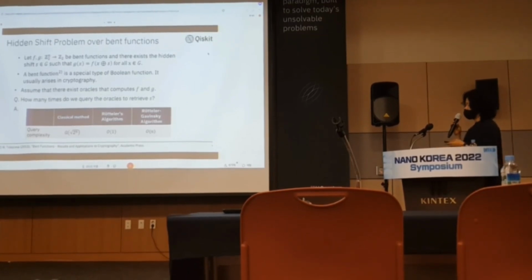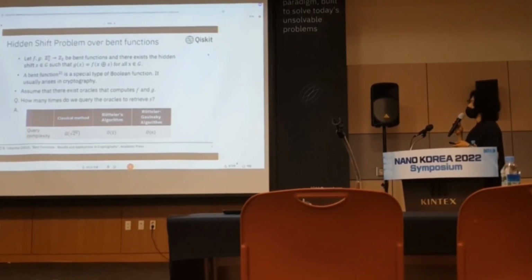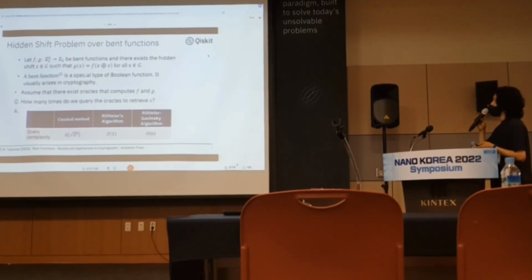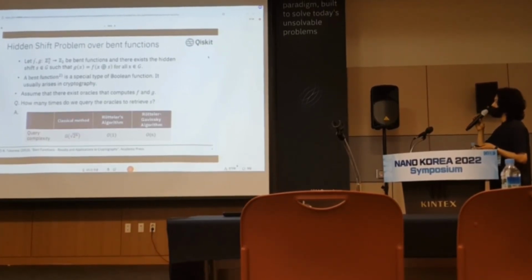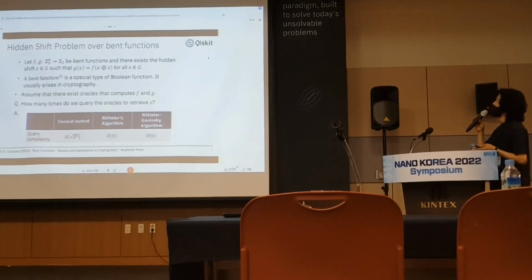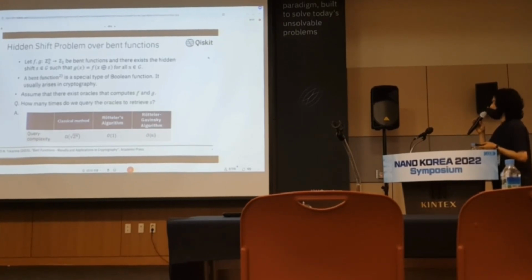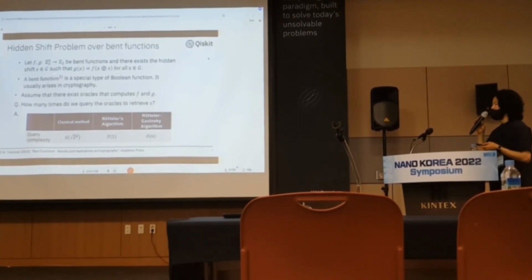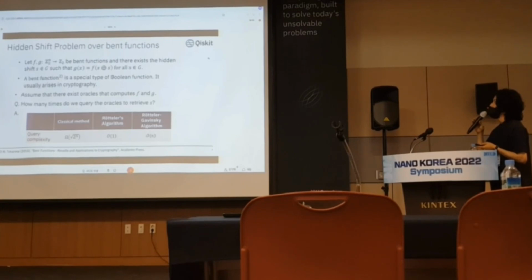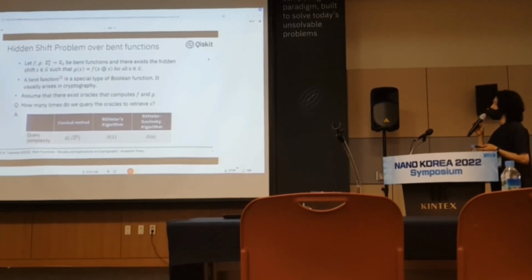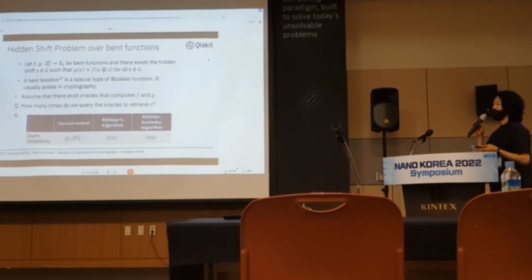And let me introduce the hidden shift problem. Let f and g be bent functions defined on F2 to the n. A bent function is a special type of Boolean function. When f and g satisfy this equation for all x, what you have to do is retrieve the hidden shift.